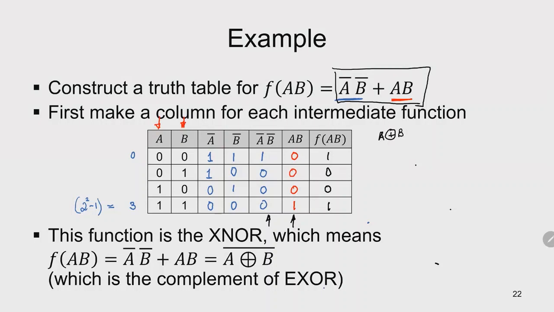If both inputs are the same, it gives you 0. So that is our exclusive OR, and this is the inverse of the exclusive OR, or we call it the complement of the exclusive OR.